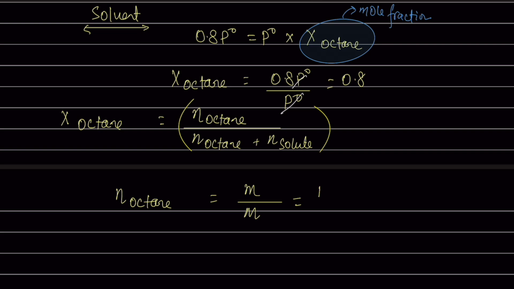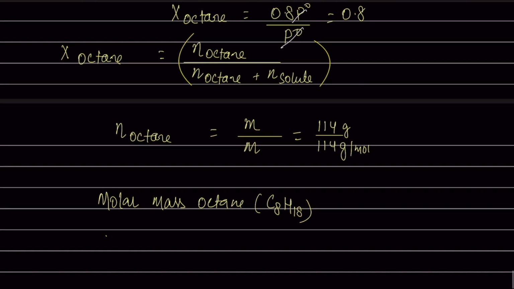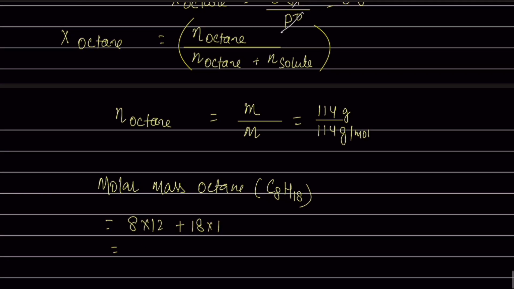The mass of octane is given in the question, 114 gram, and the molar mass is also 114 gram per mole. Octane's formula is C8H18, so molar mass is 8 into 12 plus 18 into 1, which is 114 gram per mole. Both values cancel, so the mole of octane is equal to 1.